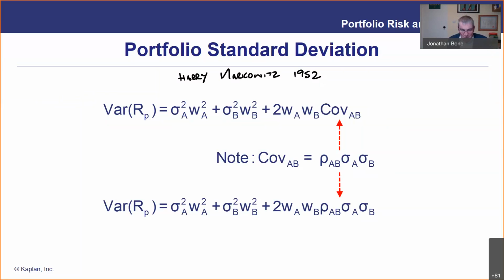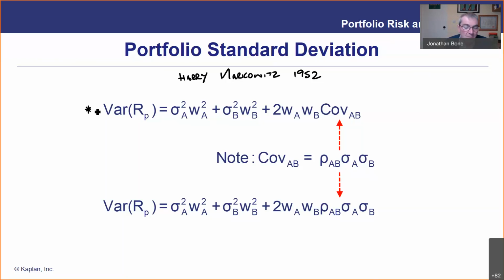Now, in the level 1 exam, we are only expected to use the Markowitz formula for 2 asset portfolios. This formula can be extended for as many assets as you like. This is variance, square root variance, and of course you get the standard deviation.